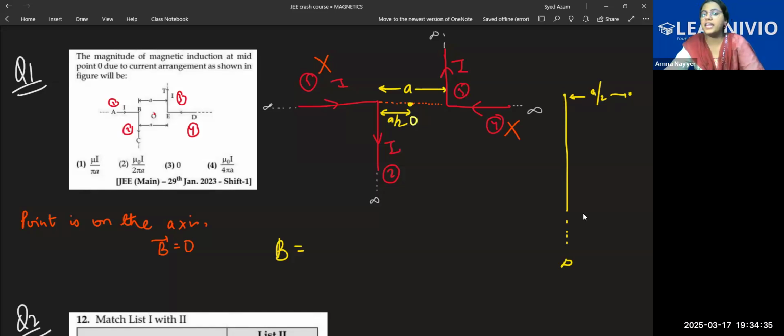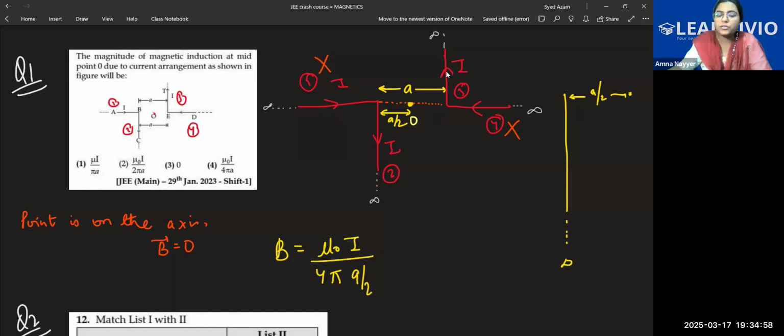Semi-infinite. Very good. Semi-infinite, because the point is lying towards the finite end. So very easy, mu naught I divided by 4 pi r. R is A by 2, right? This much we have.